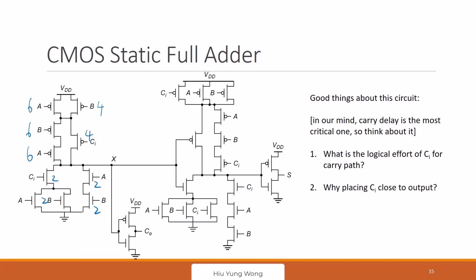Correct? So what is the logical effort for C in? It needs to go into this 4 plus 2 divided by 3. So it is 2. So this is the good thing, that the logical effort for C in is not too much.